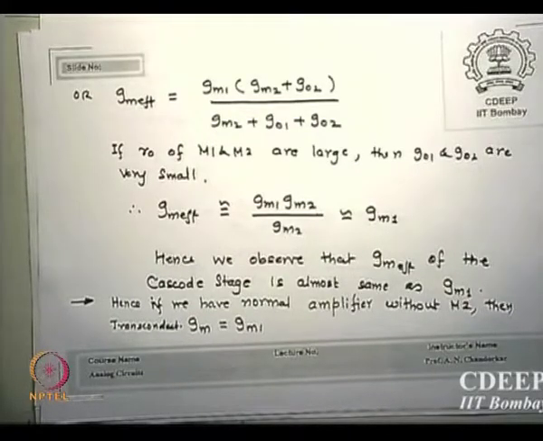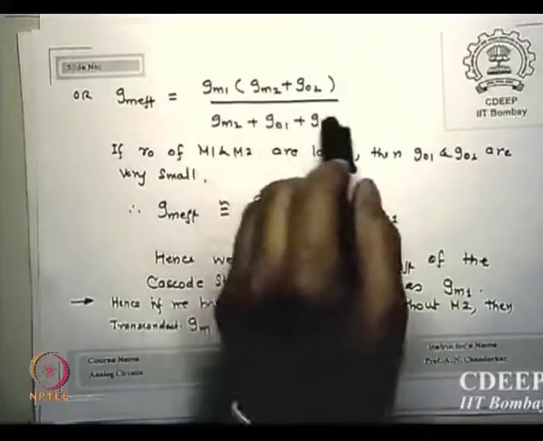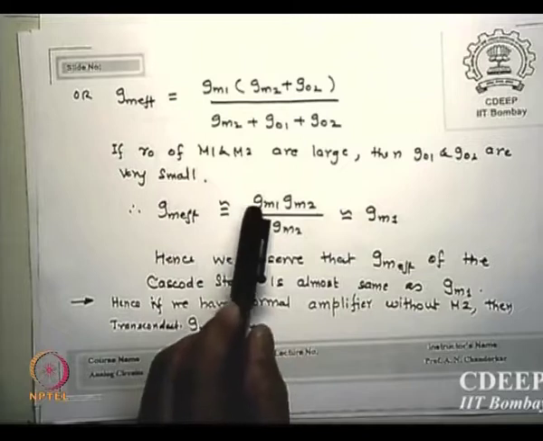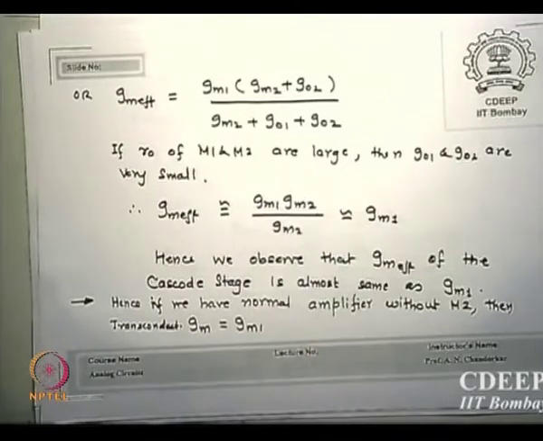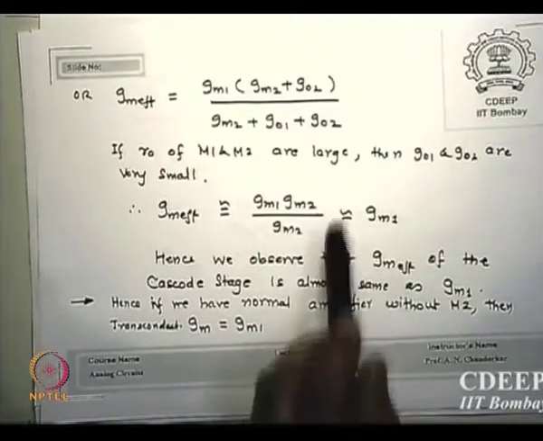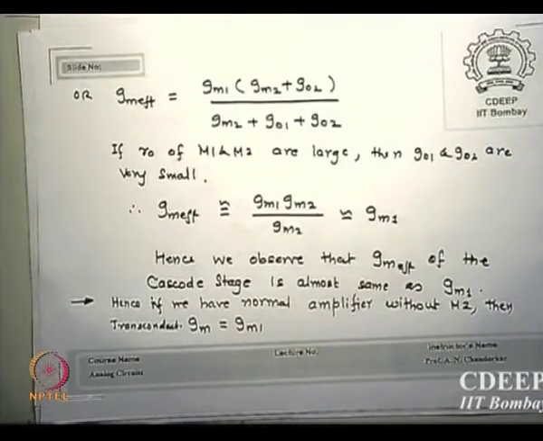What is the condition I said? Since R0 is very high, gO is very small compared to the transconductances, which are typically one order or three orders higher. Therefore, I neglect gO1 and gO2, so it is gm1 gm2 upon gm2, which is equal to gm1.